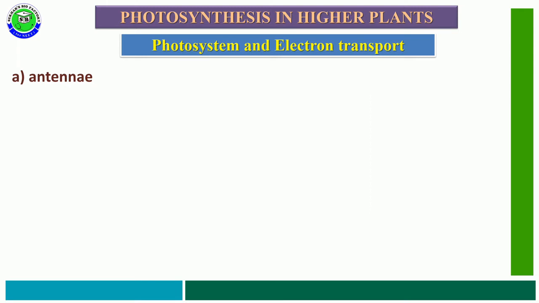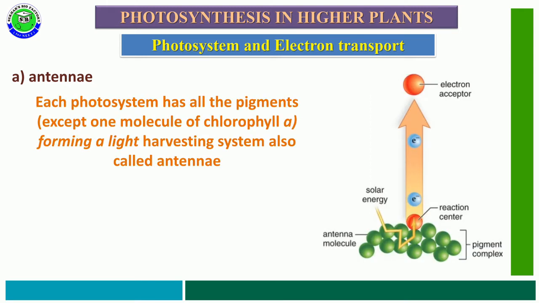The antennae is made up of all pigments except chlorophyll A. That means the antennae consist of chlorophyll B, xanthophylls and carotenoids, but not chlorophyll A, and it forms the light harvesting system.